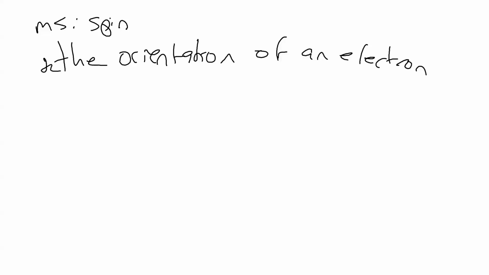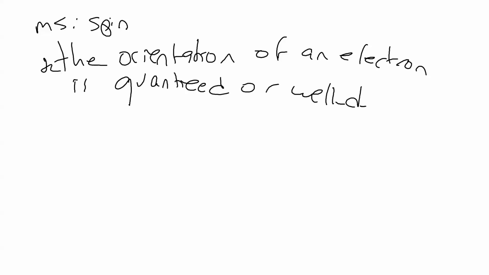So the thing that you should know here is that the orientation of the electron around itself is quantized, or well defined, in which only two orientations of this small magnet's magnetic field with respect to the external magnetic field will happen. So only two movements of the spin around itself are possible, in clockwise and anti-clockwise direction.